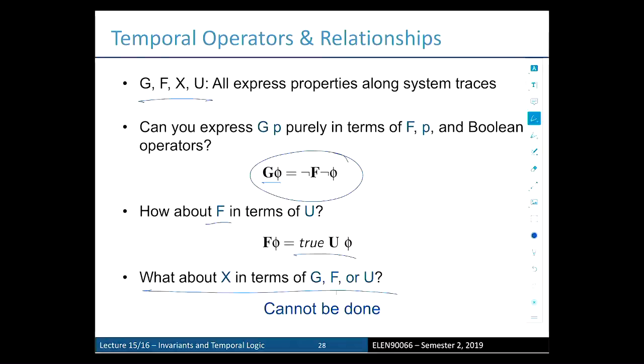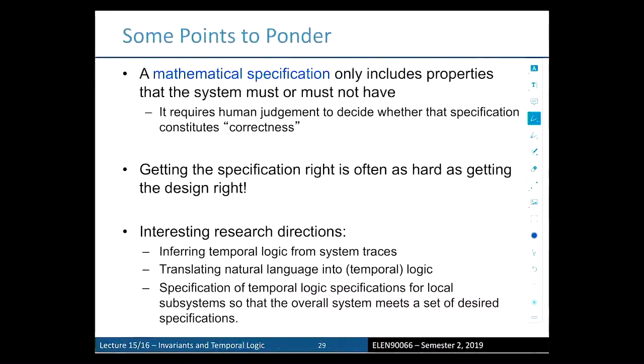X is the only one that exactly determines the next observation should satisfy the property that we are interested in. Okay?